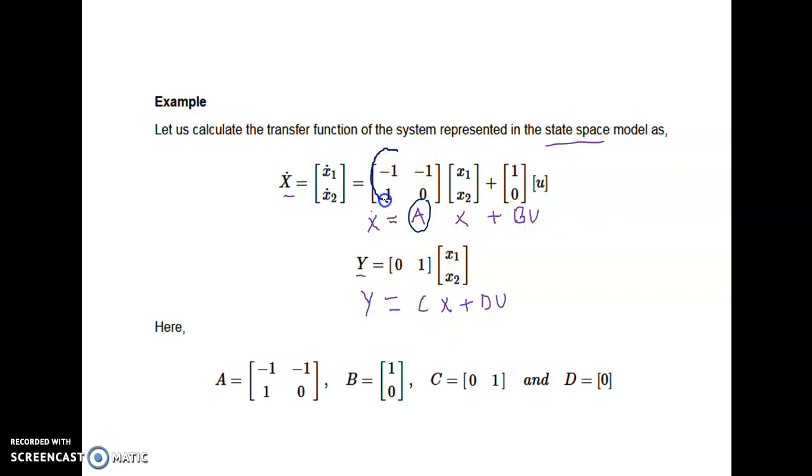So here it is written as A is equal to [-1, -1; 1, 0]. Similarly, the matrix B is [1; 0] and the matrix C is [0, 1]. D is 0 here because there is no D present here. So the matrix D is equal to 0.